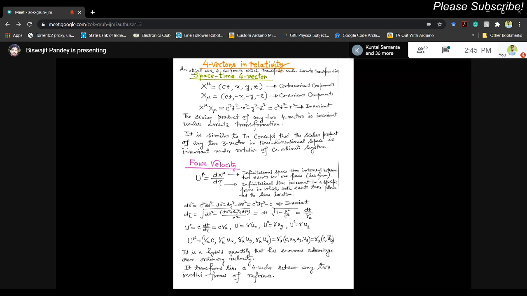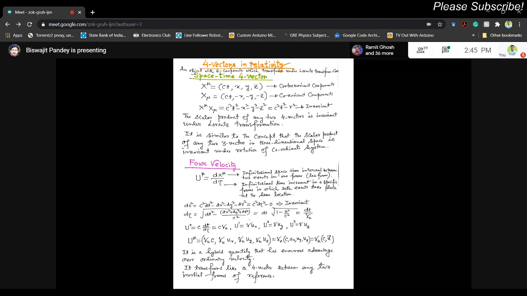And it is a hybrid quantity and has enormous advantage over ordinary velocity. Why? Simply because when we deal with motion of particles in 4 dimensions, we have to apply the concepts of relativity. And in relativity, we have the Lorentz transformation. So if the physical quantities that we want to use in 4 dimensions have a 4 vector character, then it will be easier to handle them, right?